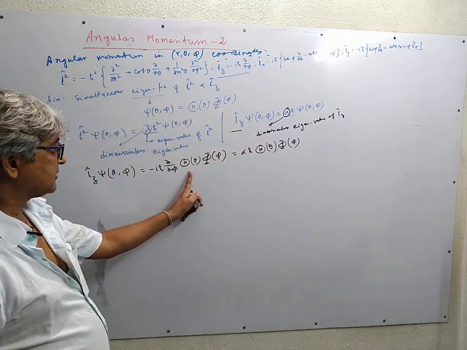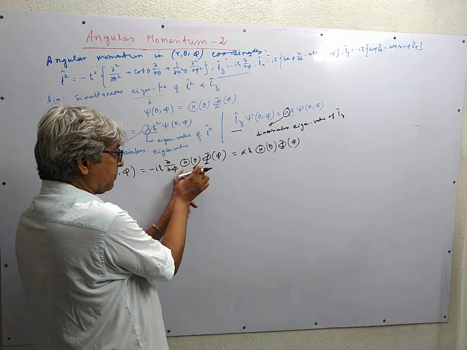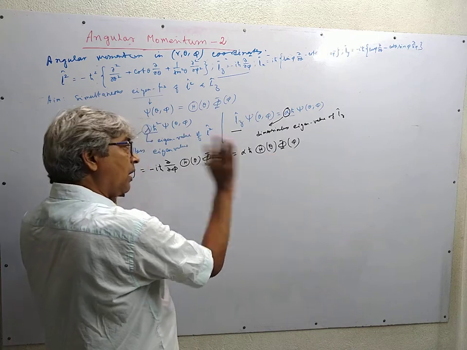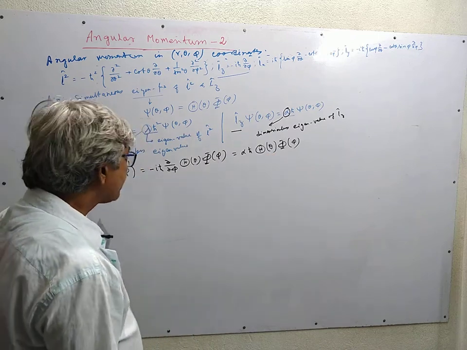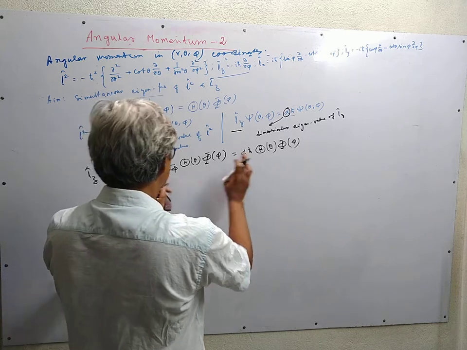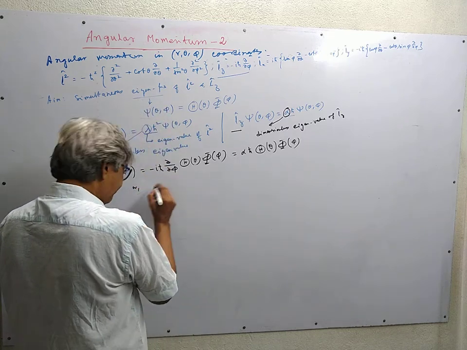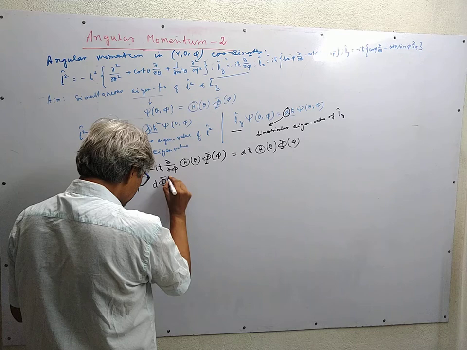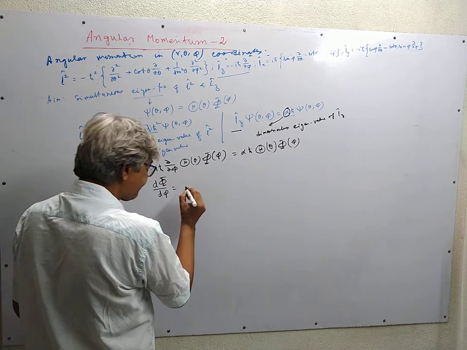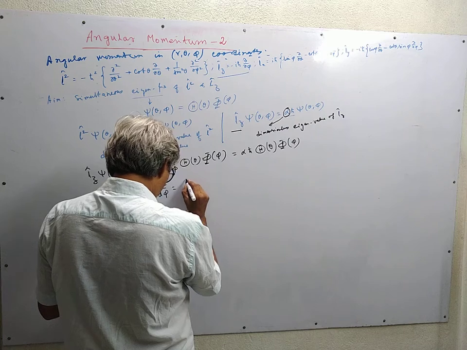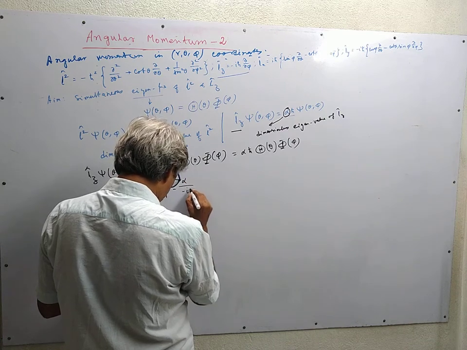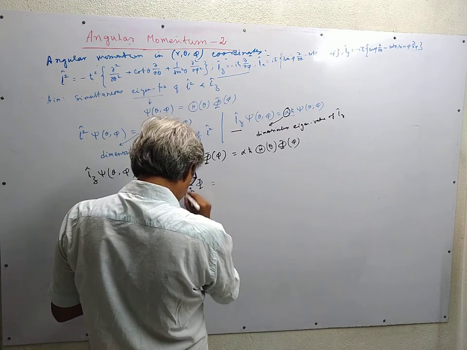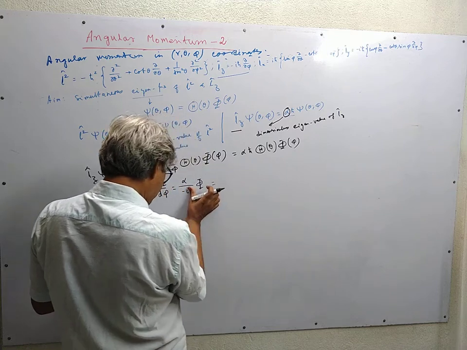First, del phi does not operate on big Theta, so we can cancel big Theta on either side, assuming the solution to be non-trivial, and we can also cancel h cross. Then this equation becomes minus i times del phi by phi equal to alpha.